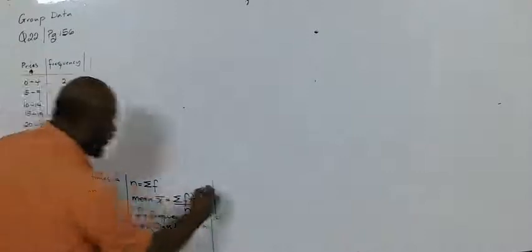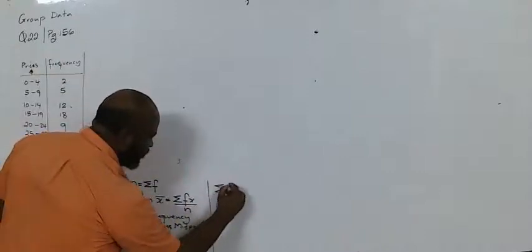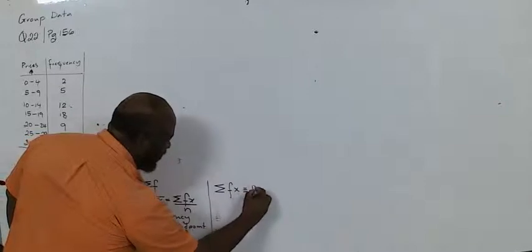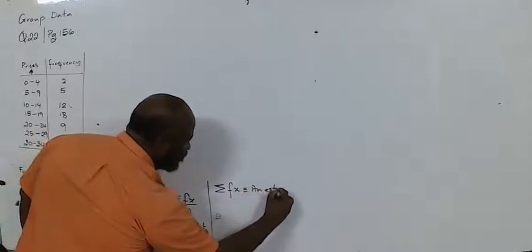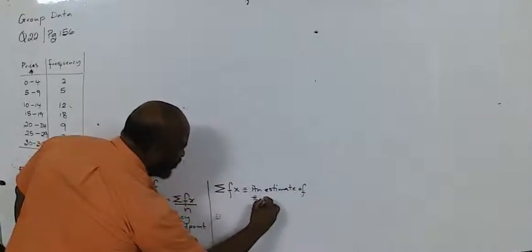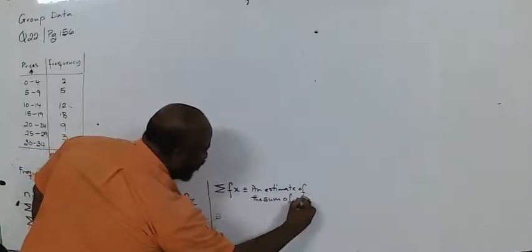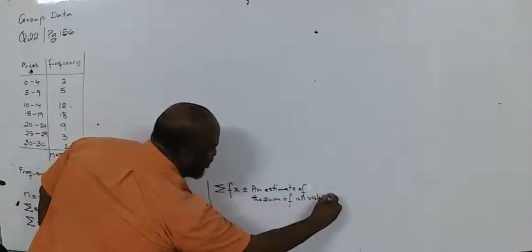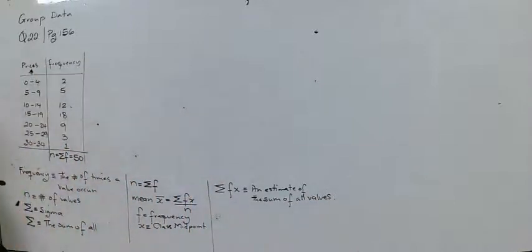Now, the sum of fx is an estimate of the sum of all values. Why an estimate? We're going to get into that, but before that, let me show you how to get the class midpoint.